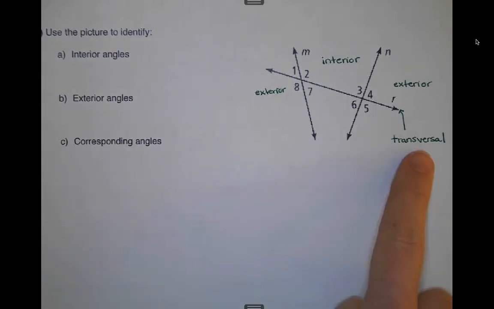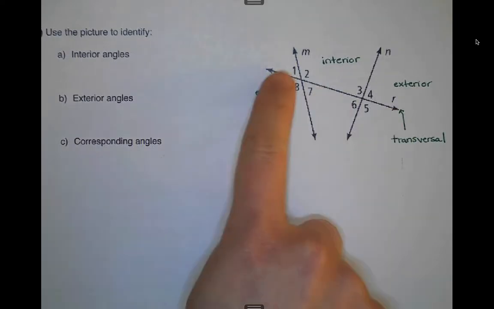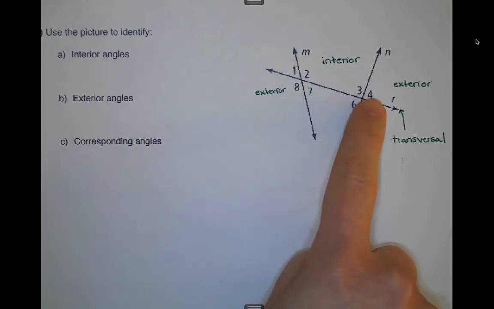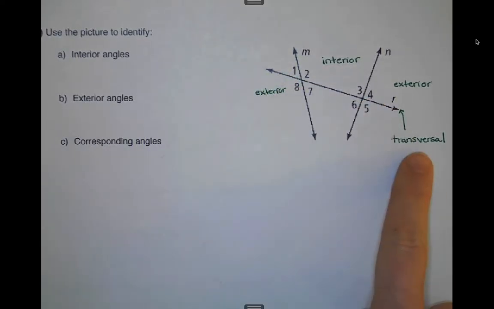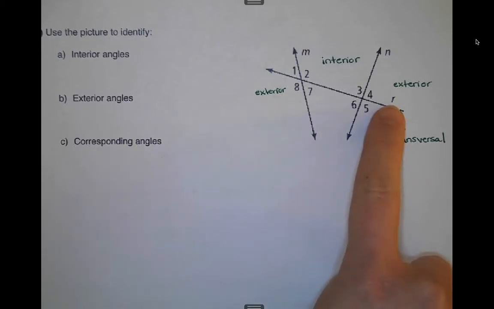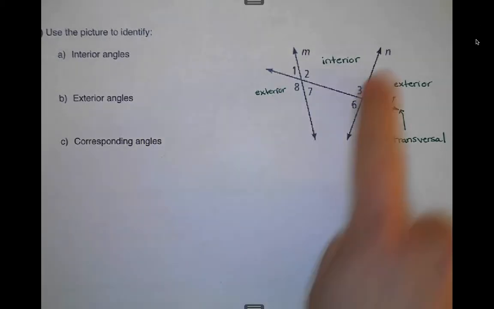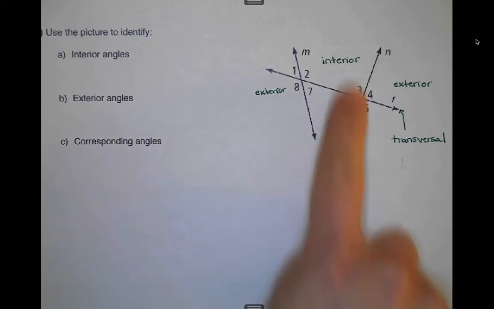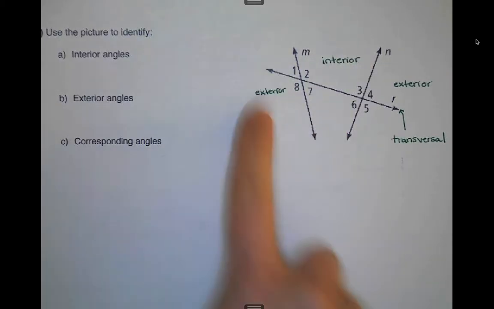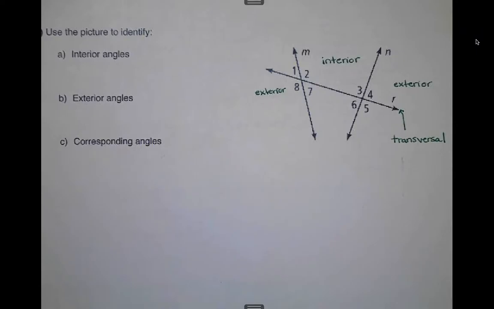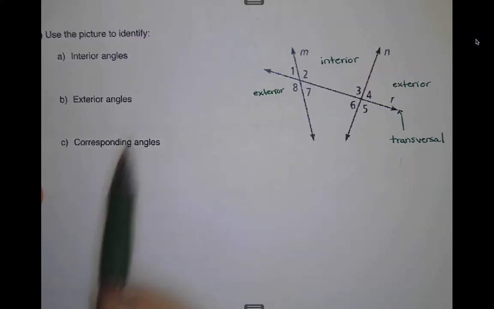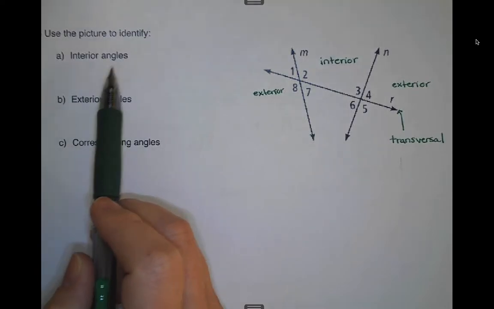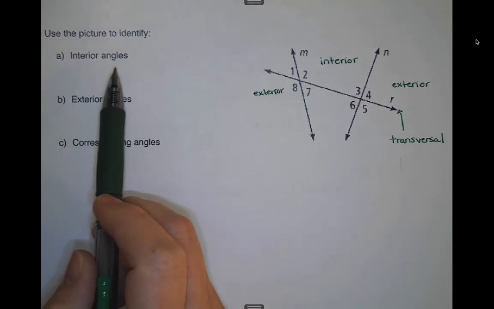Recognize which line is your transversal. Your transversal intersects two or more lines. So the transversal I've pointed out as this line R. And then we have line M and line N, which is creating an interior space and an exterior space. Right? This doesn't ask specifically for those angles except for the corresponding. It just asks, which angles are in the interior and which angles are in the exterior.